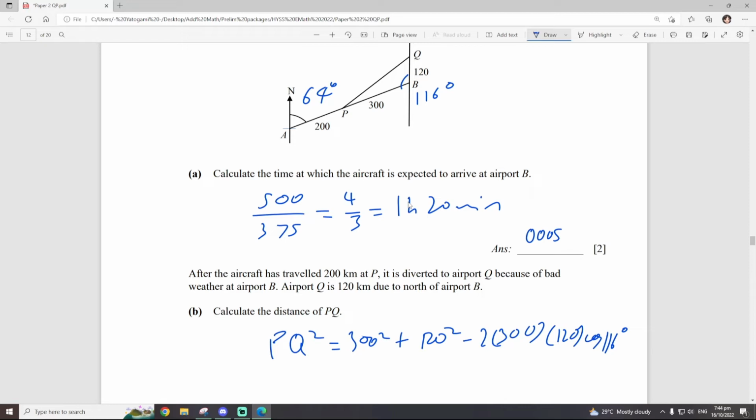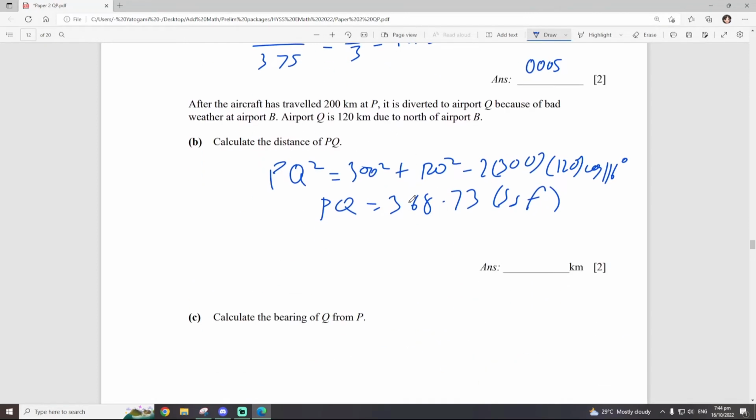And then you can figure out what this is, and you deduce that PQ will be 368.73, so we'll leave the answer as 368.